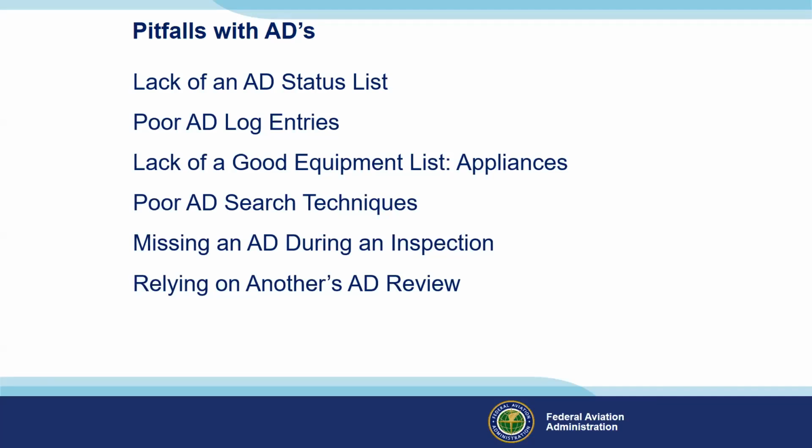Sometimes one mistake is made years and years ago, and it says AD is not applicable, and nobody ever catches it. They just take their word for it. Oh, it's not applicable because this other inspector wrote not applicable. Verify it for yourself.